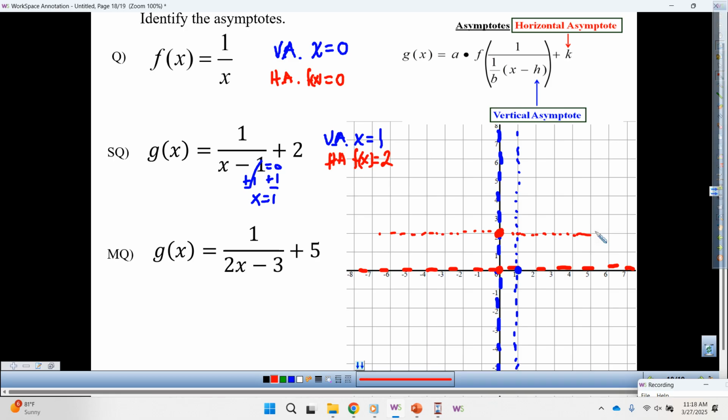How are we doing? Good? All right, let's do the third one. Here we go. I want you to label this one VA x equals. How do I find my VA for this one, everyone? Set the denominator equal to 0, plus 3 plus 3. 2x equals 3. Divide by 2. x equals 1.5.